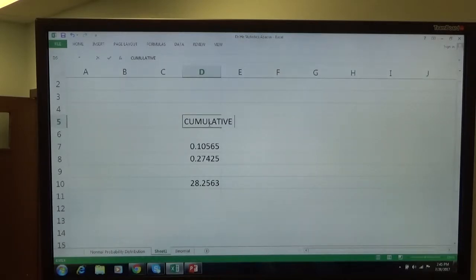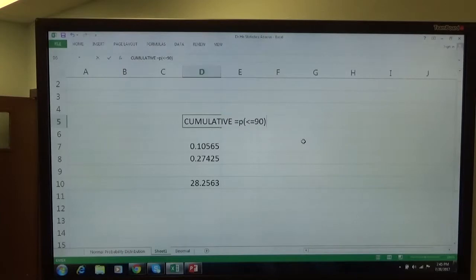So that means we're trying to find the probability of less than or equal to 90.